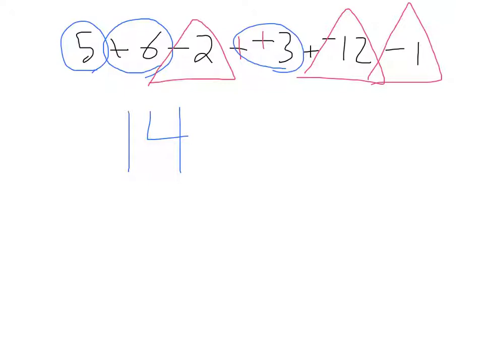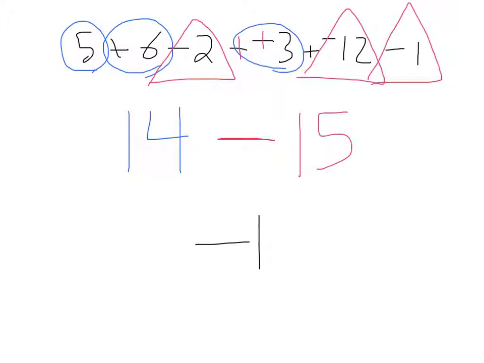What am I taking away here? I'm taking away 2 and 12, so that's 14, and 1 more is 15, so this is 14 minus 15. To me, this is a very easy way to do this, and it comes out as minus 1.